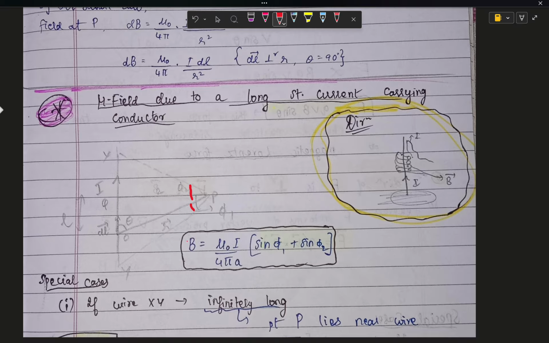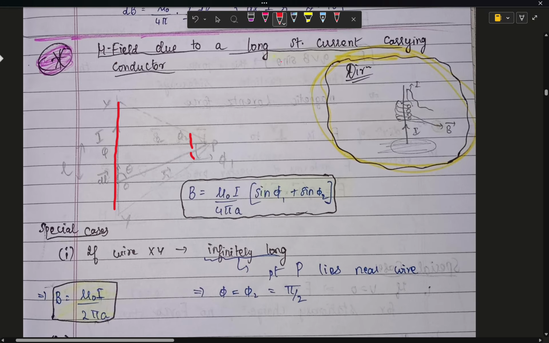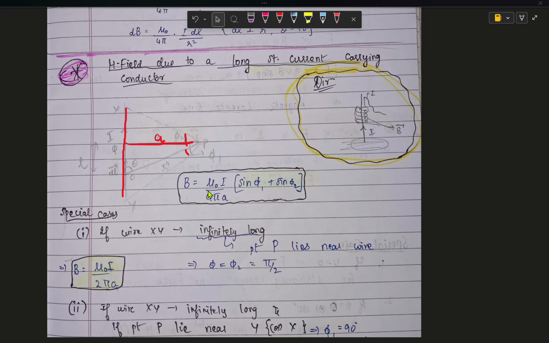The magnetic field due to this straight current carrying conductor at this point is mu naught I divided by 4 pi a into sine of phi 1 plus sine of phi 2. Here a is the distance between the conductor and the point P. This is the direct formula you have to remember.